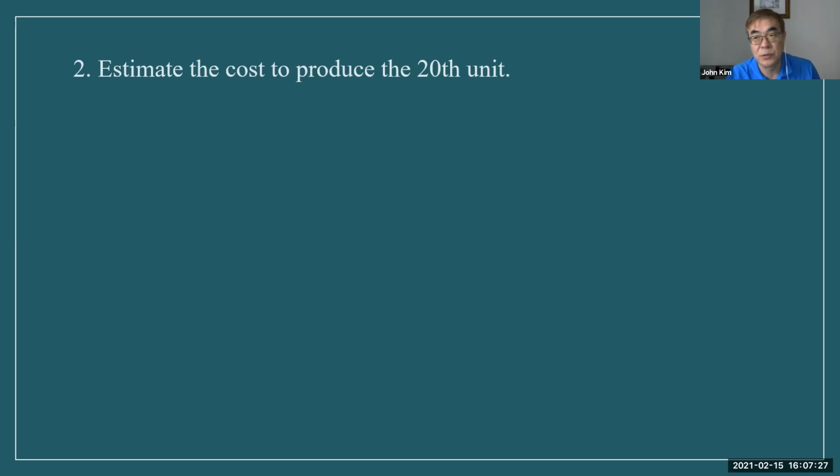Estimate the cost to produce the 20th unit. The 20th unit is only one single unit. So that will be Y20 at 85%, because we figured out the learning percentage is 85. That will be K times the initial cost, unit factor 20th at 85%.